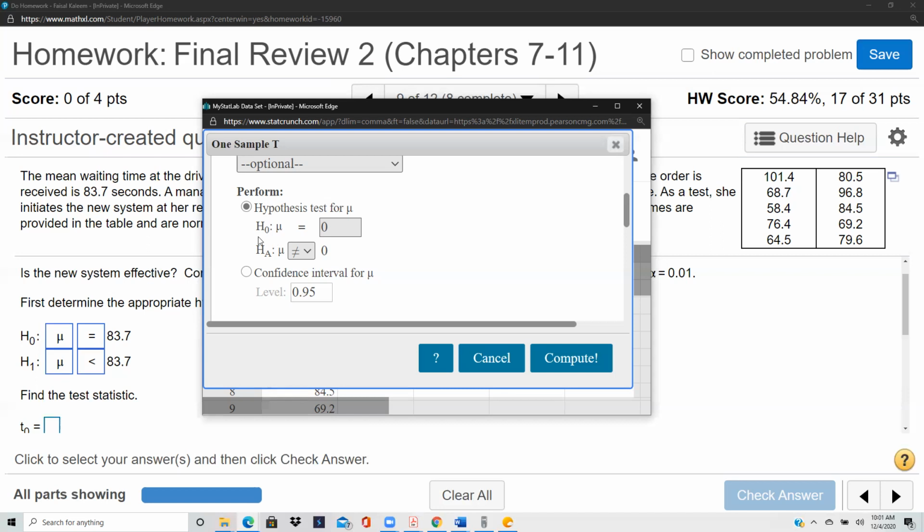Okay, so it's equal to 83.7 and less than.